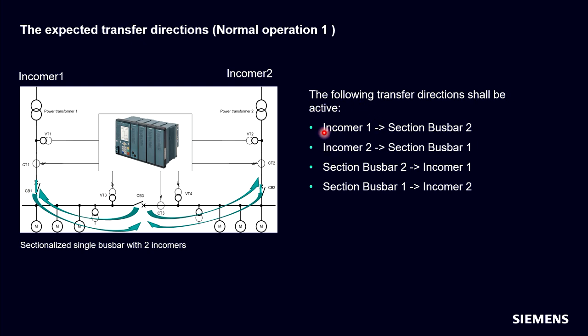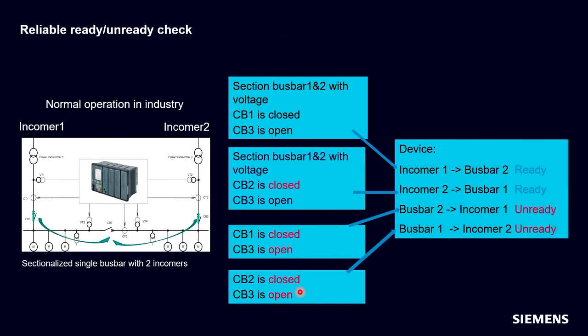That means here from in-2 to busbar 2, from in-2 to busbar 1, or from busbar 2 to in-1, and so on. This can be defined in DIGSI. And then the device needs to check which transfer directions are ready or unready.